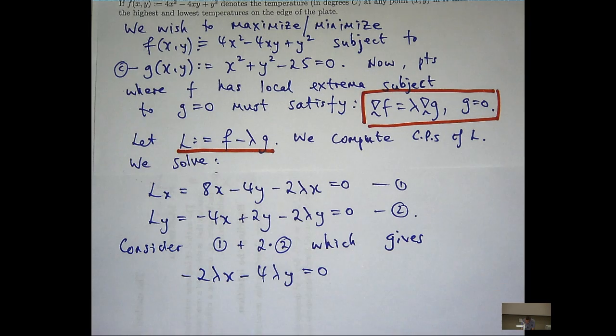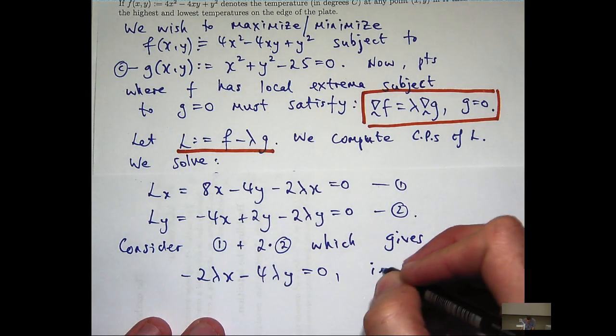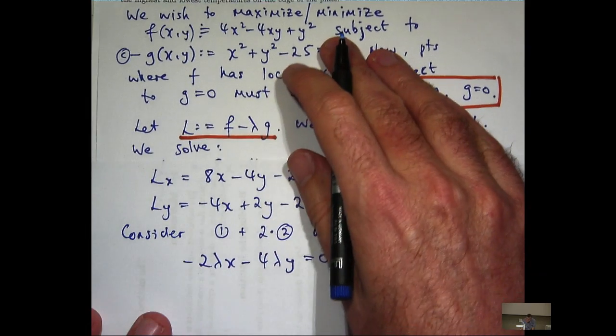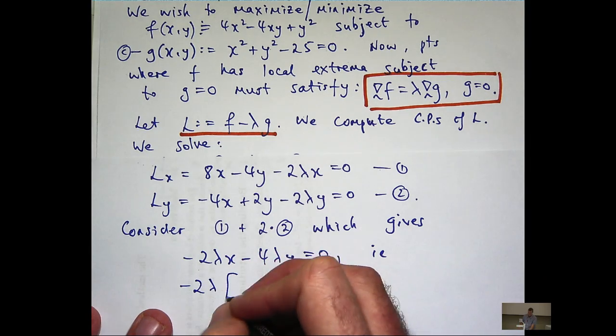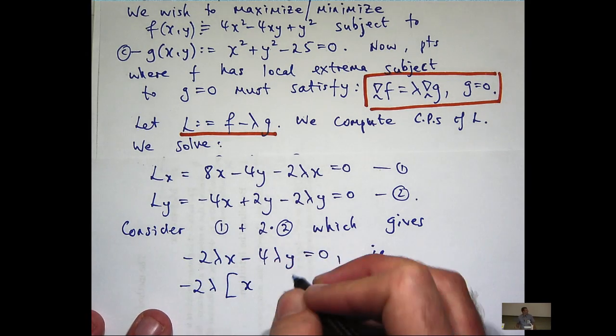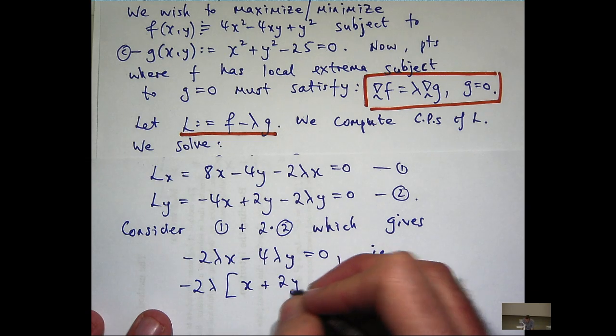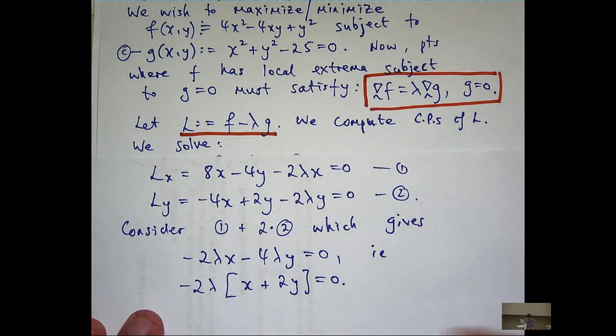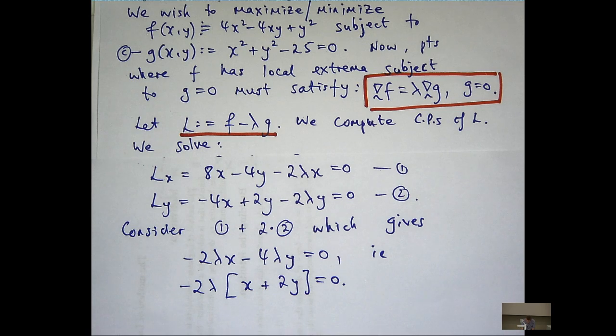Okay, so from that equation, what can I determine? Well, I can factor out, say, a minus 2 lambda, and get something like this. Now, this is a good situation to be in, because I know that either lambda is 0 or x equals minus 2y. So that's information that I can work with now.